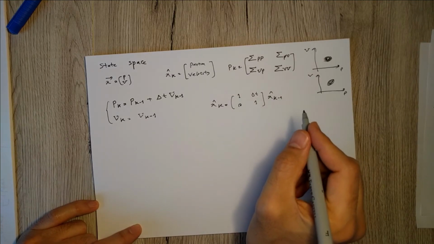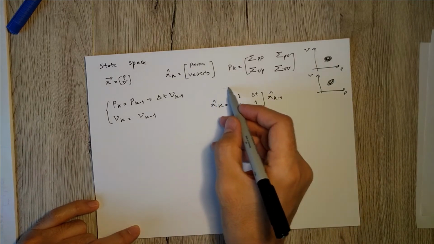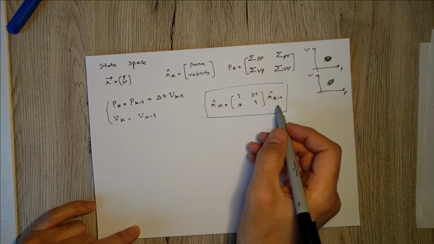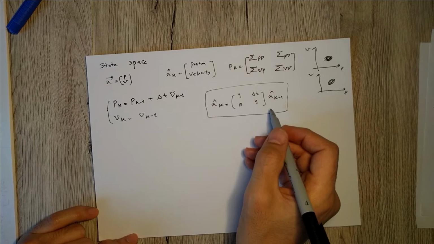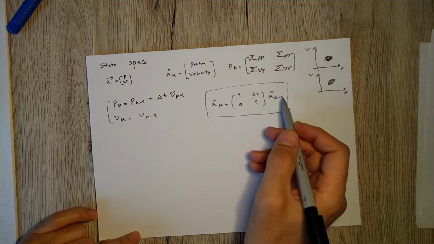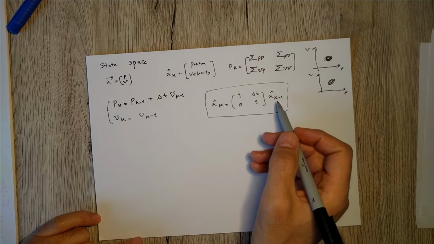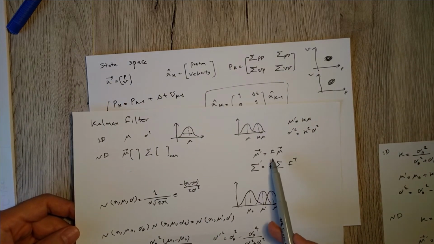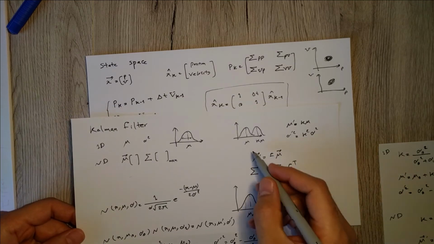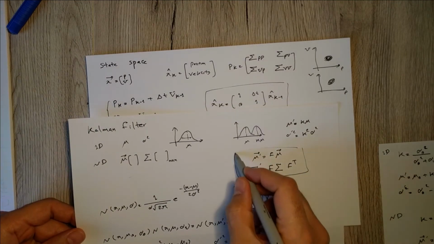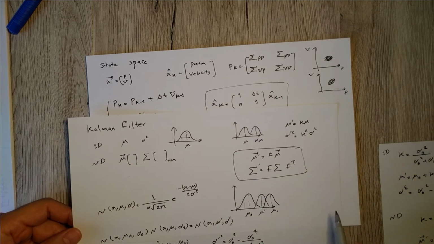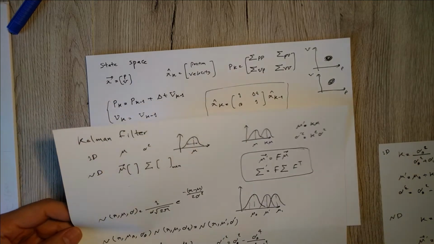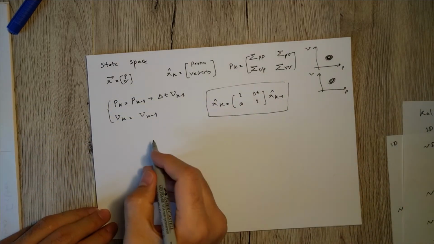As you can see here, I'm relating my new state to the previous state. If you remember from the first slide, when you multiply every element of a Gaussian distribution by a matrix, then the new mean and the new covariance are like this.